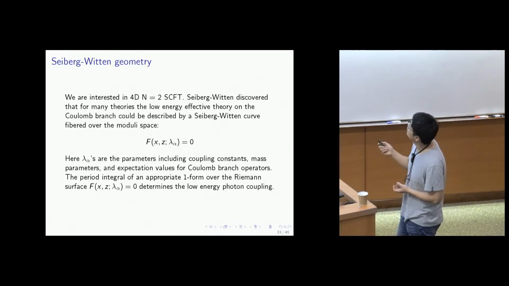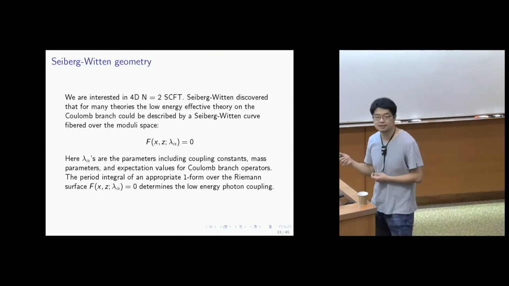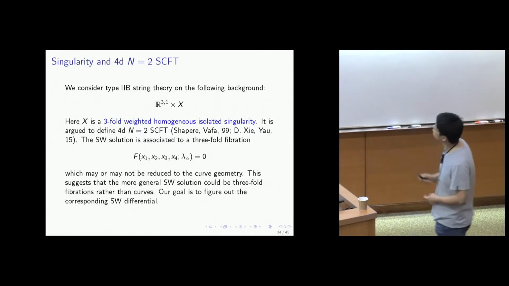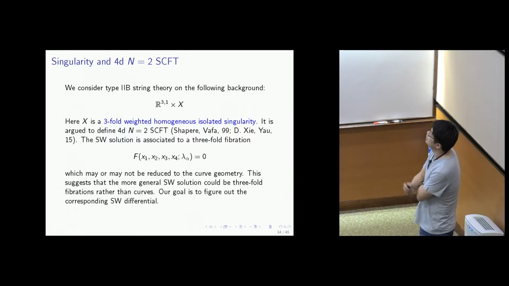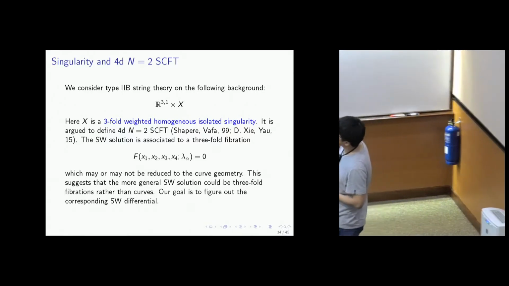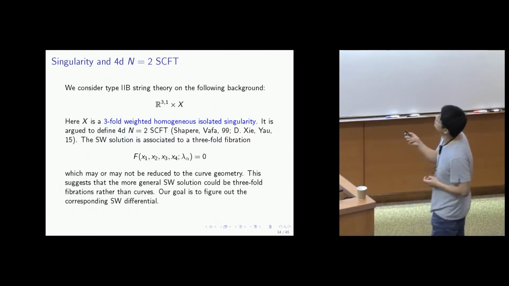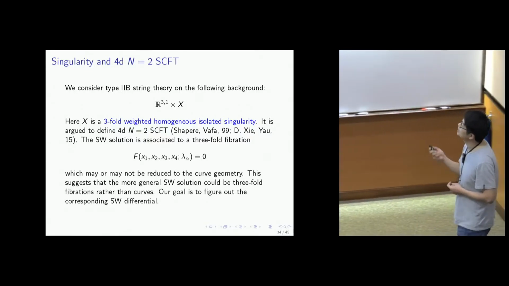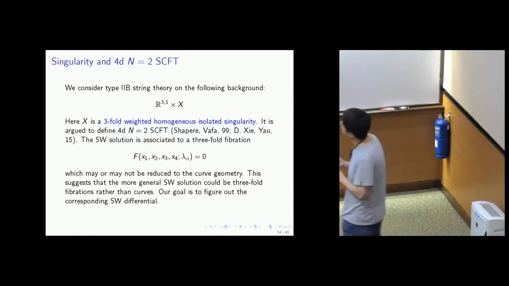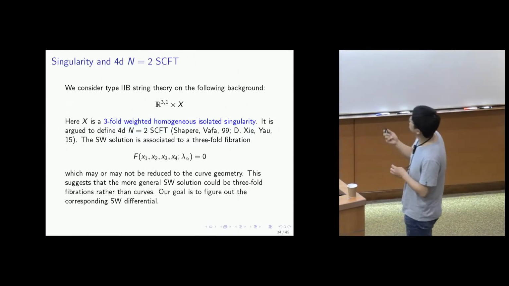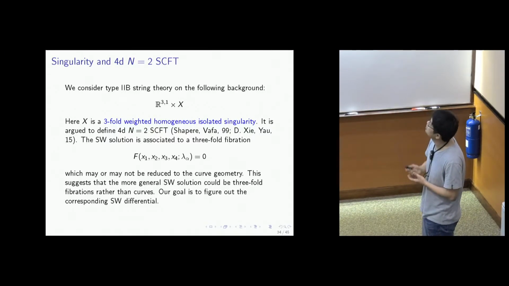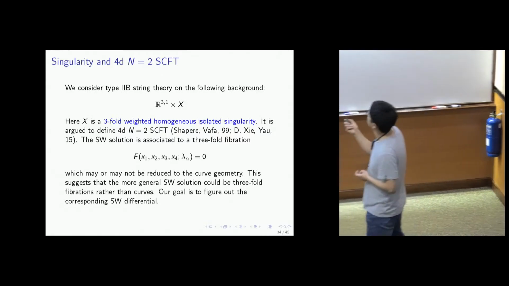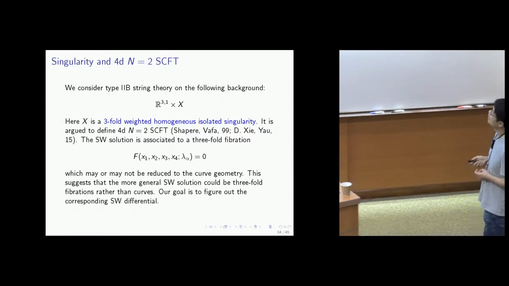But how is this related to the stuff I was explaining, like the semi-infinite Hodge structure? This is a construction from physics. If you consider type IIB string theory on the following background, R^{3,1} cross X, where X is a threefold weighted homogeneous isolated singularity, it is argued to define a 4D N=2 superconformal field theory in the early work of Shapere and Vafa, and also later systematically studied by my collaborators Dan Xie and Yau.